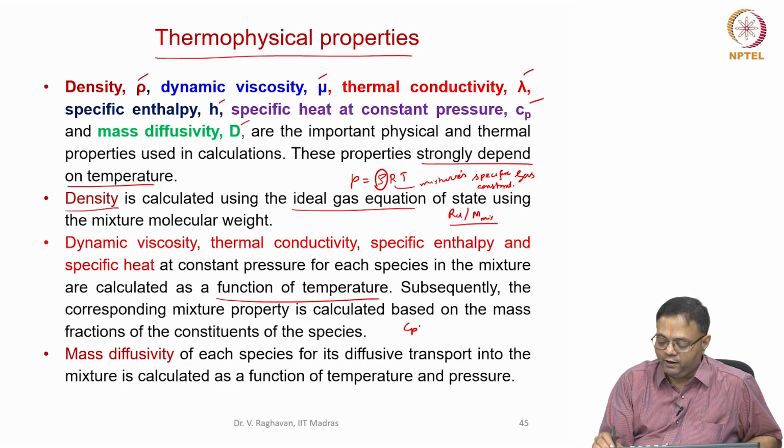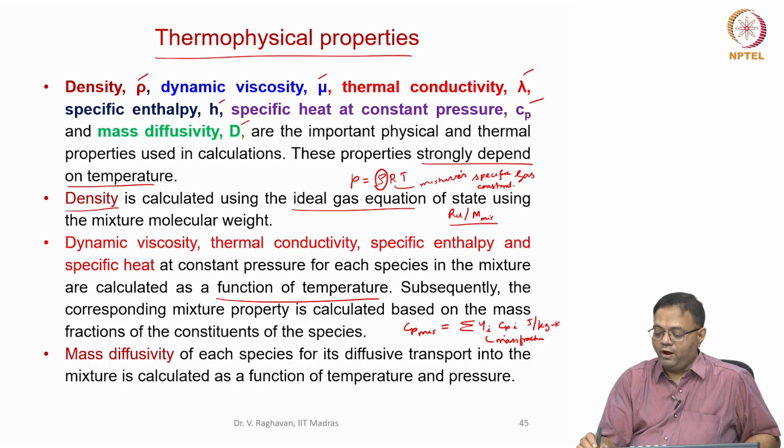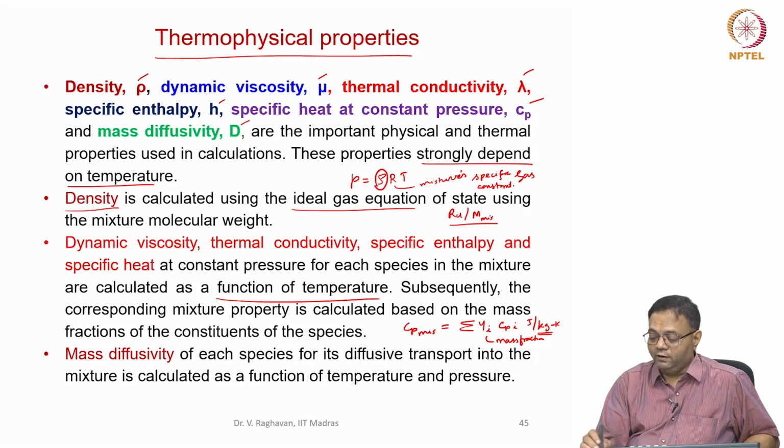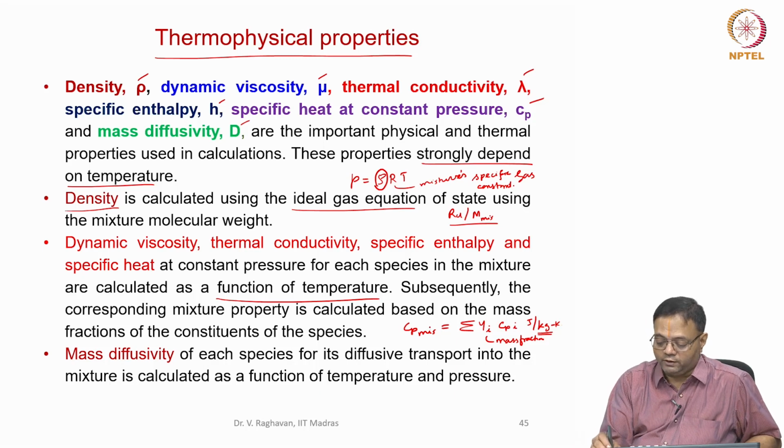For example, Cp of the mixture can be calculated as sigma yi Cpi, where yi is the mass fraction. This Cp is in joule per kg Kelvin. So, when you have a quantity which is on a per kg basis, then the mass fraction times that Cp should be calculated for each species and summed up for all the species to get the mixture value.